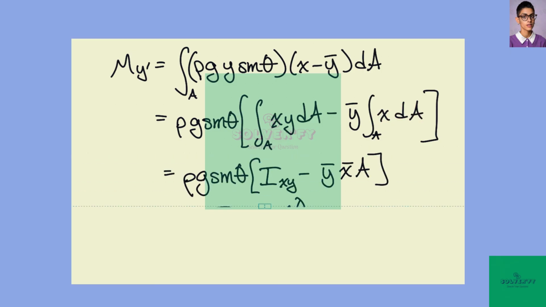Now again, we can recognize some things here. This is the cross area moment about the xy axis. And then this is minus y bar times, by definition, A x bar.